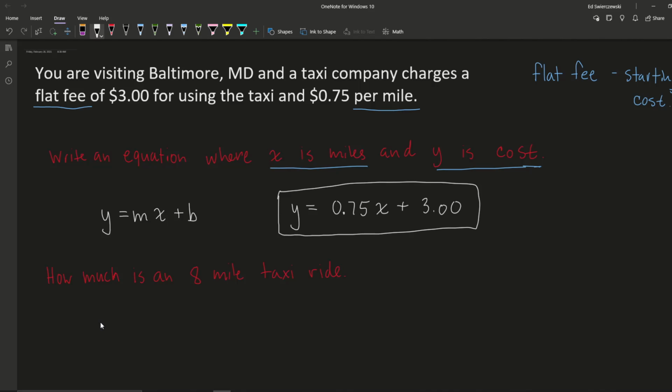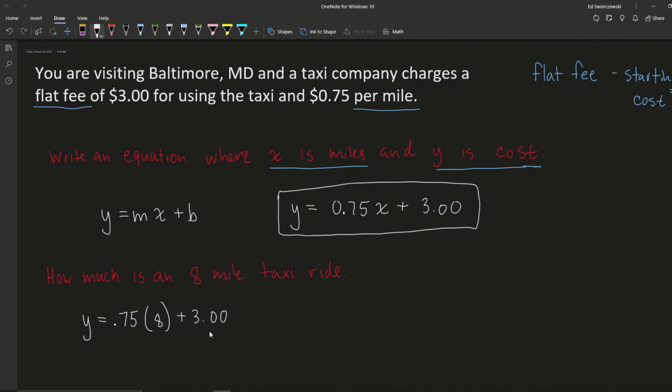So how would I figure this out? Well, I'm going to plug it into my new function rule here. So y equals 0.75x, except instead of x, I'm going to put 8. And then I need to add 3 to it, because that's that flat fee that I'm always charged.